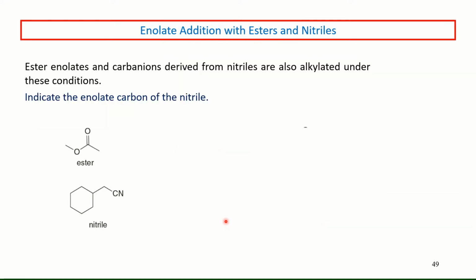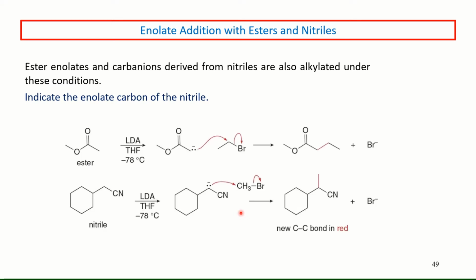We can also form enolates, of course, with esters and nitriles, and realize that once deprotonation occurs, we can then use that alpha carbon for the same nucleophilic attack. Why don't you go ahead and try to generate the resonance structures of each of these enolates.